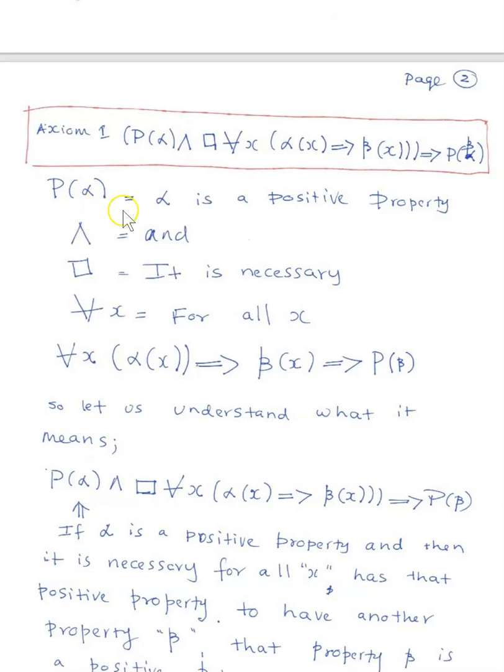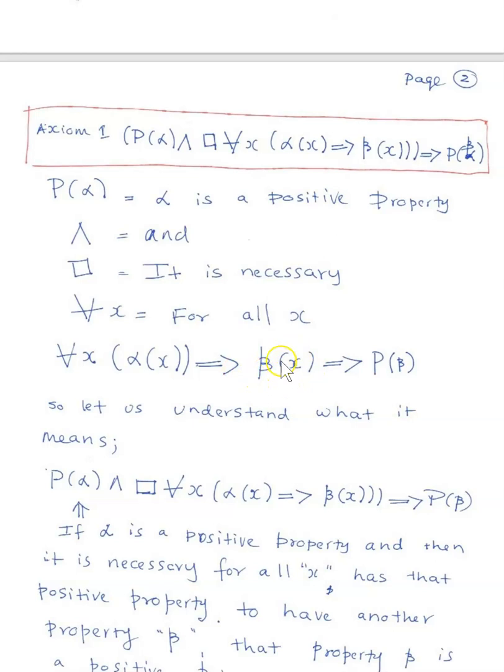And this symbol means it is necessary. For all x, alpha x means if there's a person x and he has property alpha, then for all x, that property implies beta x.